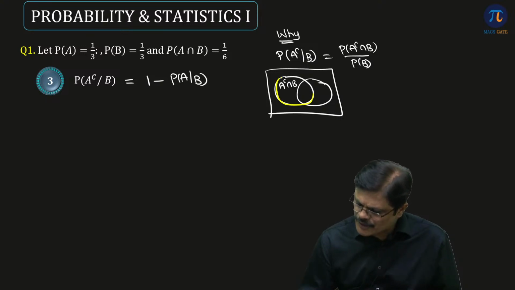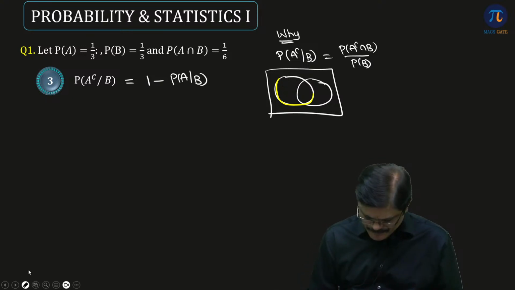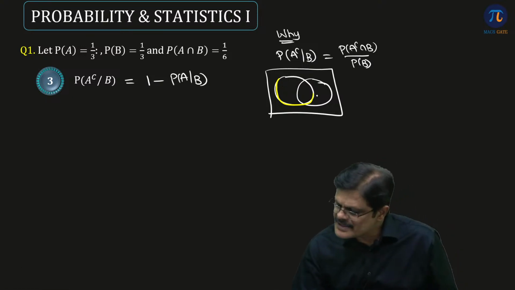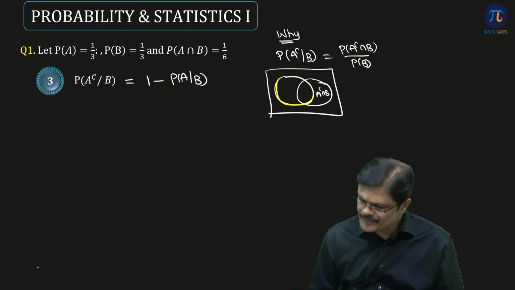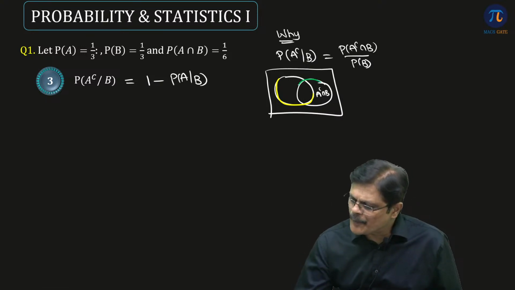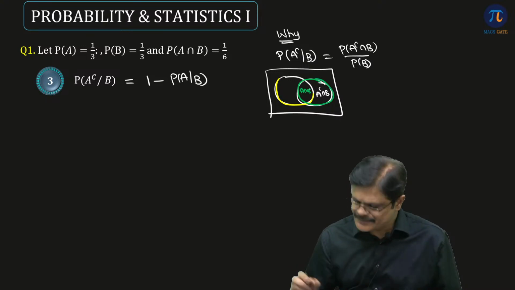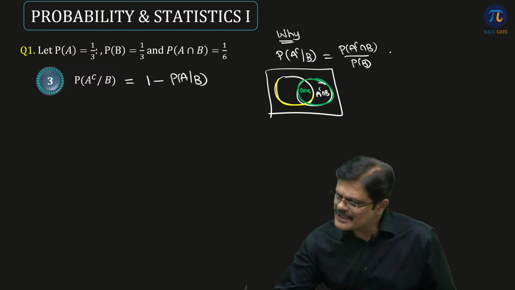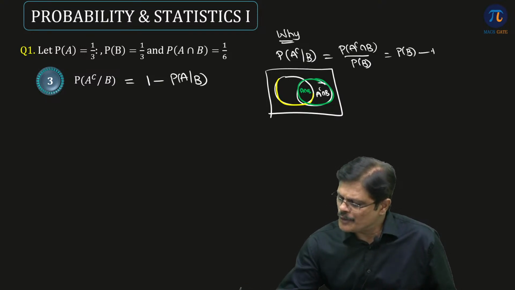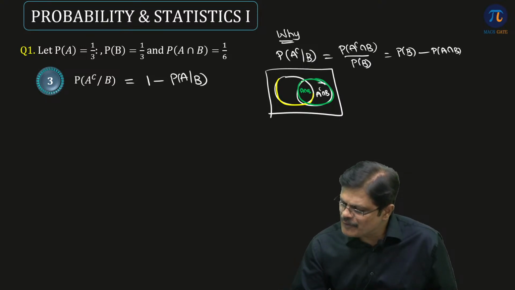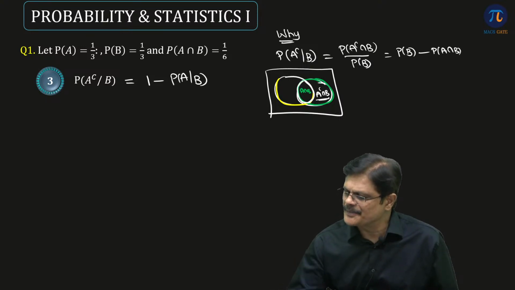This is A complement intersection B, sir. So you can take it from probability of B. If you remove A intersection B from B, you get this part.